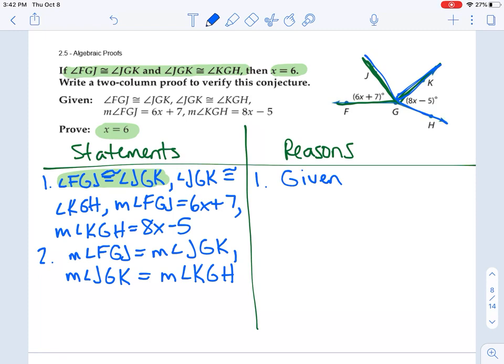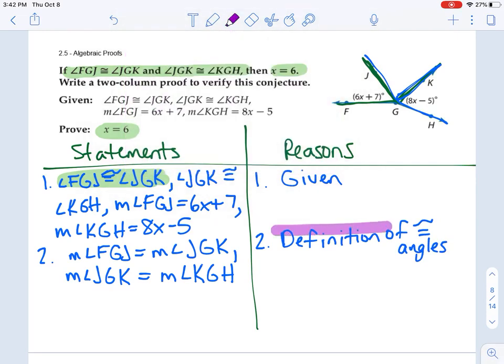All right, so this is the only reason that's not on the list that we're going to use, and that is the definition of congruent angles. And I would highlight that we're going to continue to use this throughout the year.